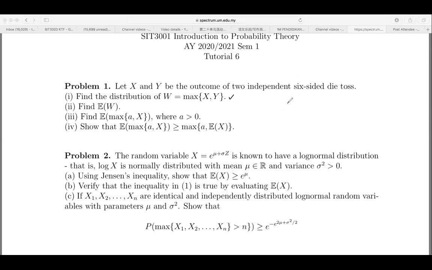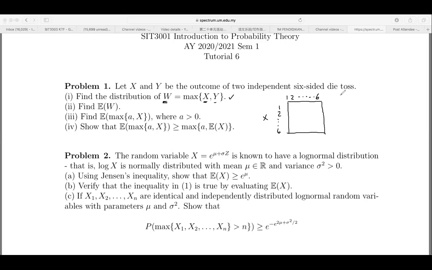If you think about it in terms of geometry, it's very easy to do. So your X result is 1 to 6, and Y is 1 to 6, right? Okay. So then you have all these cells, right? Find the distribution of W, right? So W is the larger between the X and Y values. So your XY pairs are all here in these cells, okay?